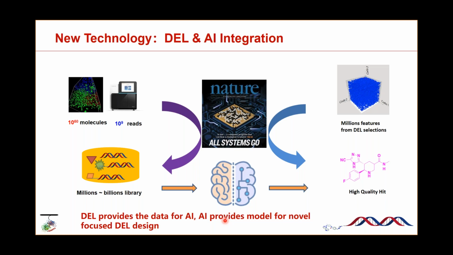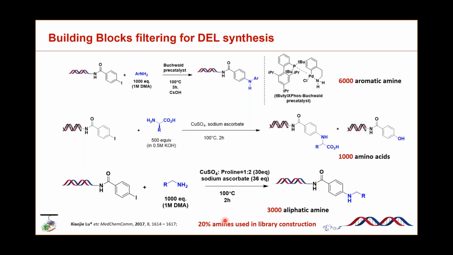So we try to integrate these two technologies together. One of the examples we are quite interested in is whether we could use AI for reaction reagents, building block filtering for DEL synthesis, and build this type of model.